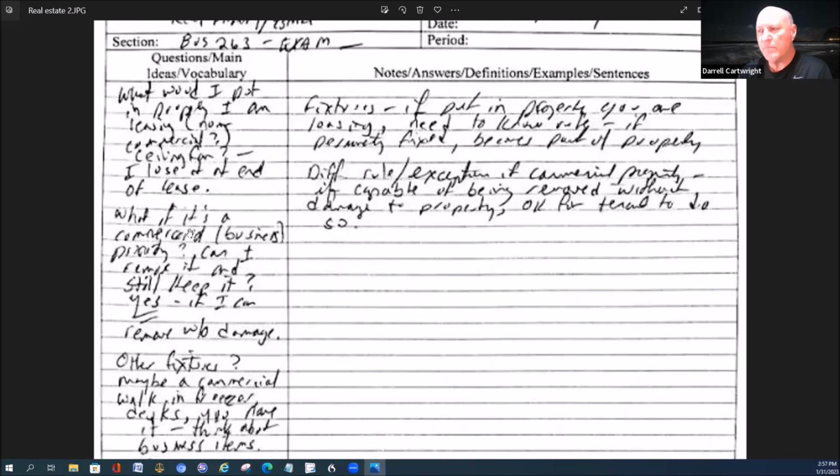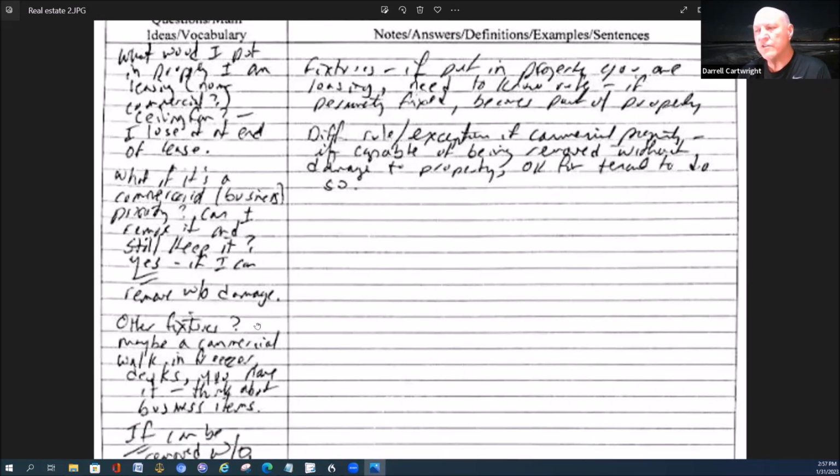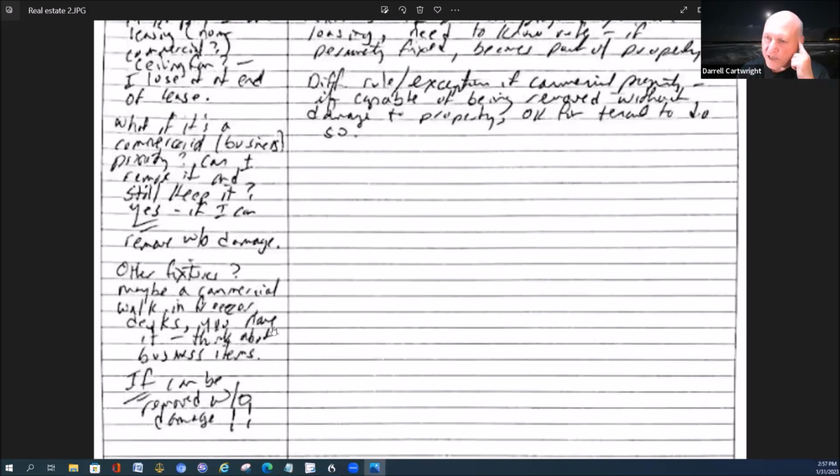And then I ask myself, but what if it's commercial business property? Can I remove it and still keep it? Yes, if I can remove it without damage. And then I ask myself, what about other fixtures? Well, it's not just a ceiling fan, but maybe it's a commercial walk-in freezer because it's a restaurant or something. Maybe it's an oven or a stove.